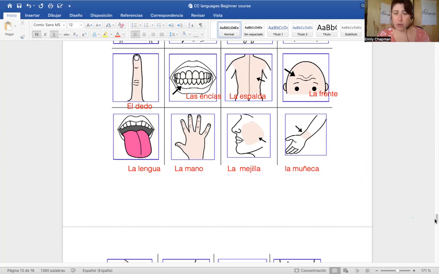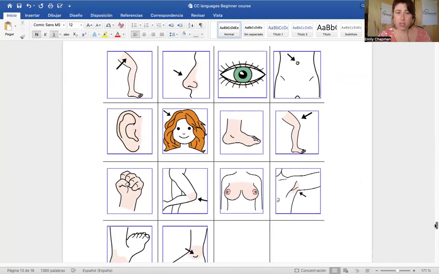Obviously, these are something that require quite a bit of practice to remember, but it's just having them there and keep going over it, going over it as much as you can until you start to remember some of them. Okay, we've got a few more. We've got, for instance, here, thigh would be el muslo.